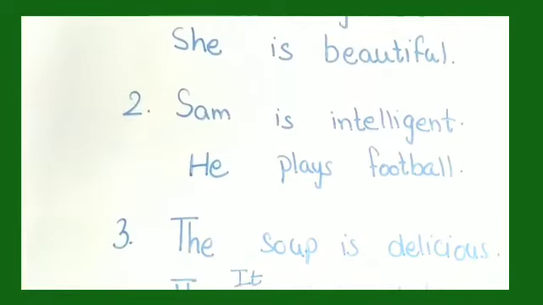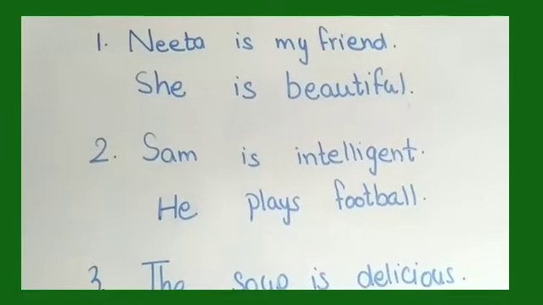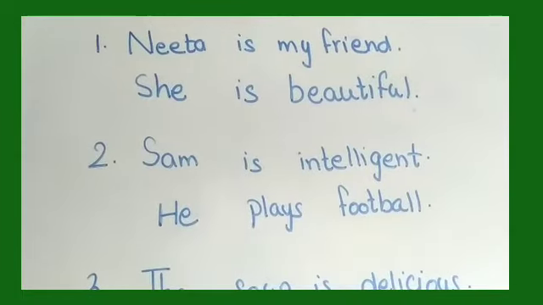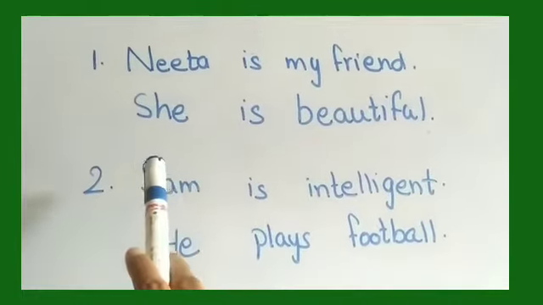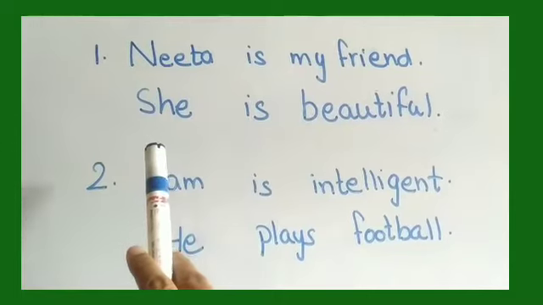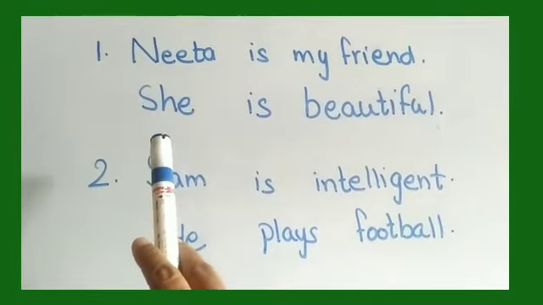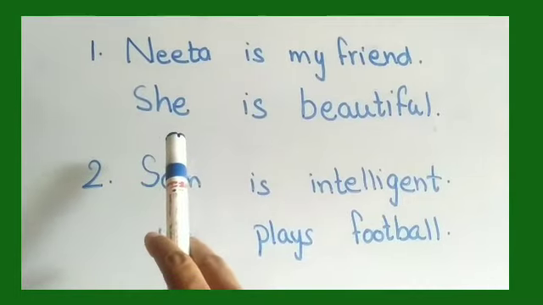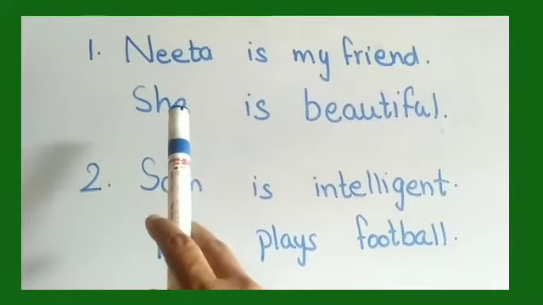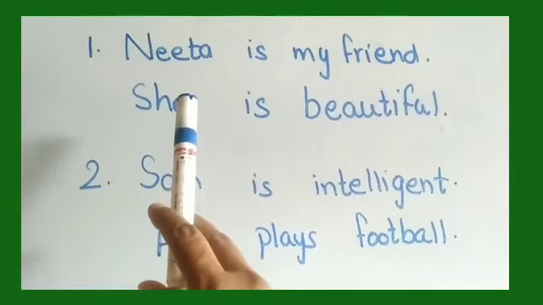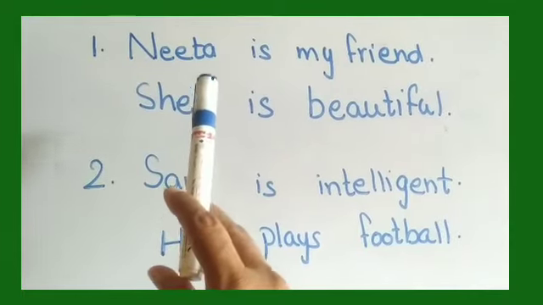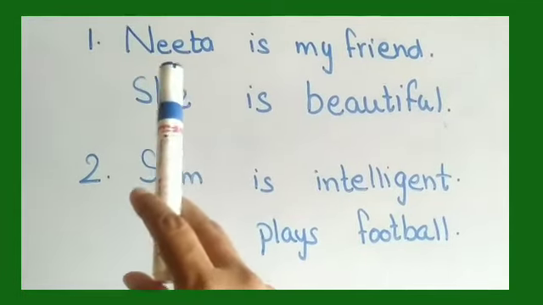Fine? Children, you remember we had done he words and she words? So, for a woman or girl, when we use, we can replace it with she, right? Neeta is the name of a girl or a woman, aunt. So, all these are related to the she group.